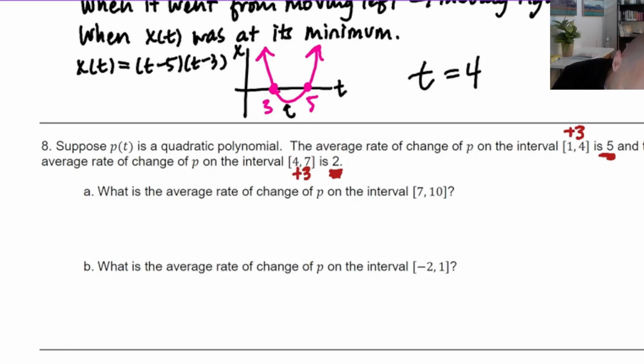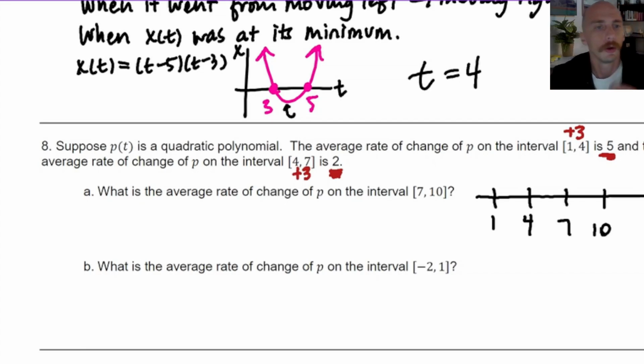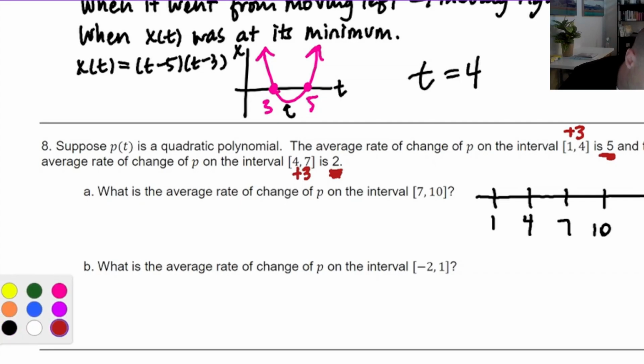So kind of subdividing x, there's 1 to 4, 4 to 7, and 7 to 10 right there. Great. Okay, so they said that the average rate of change was 5 on 1 to 4 and 2 on 4 to 7. And we decreased by 3, so we're going to need to decrease again by 3. And so the average rate of change of p on the interval 7 to 10 will be negative 1.